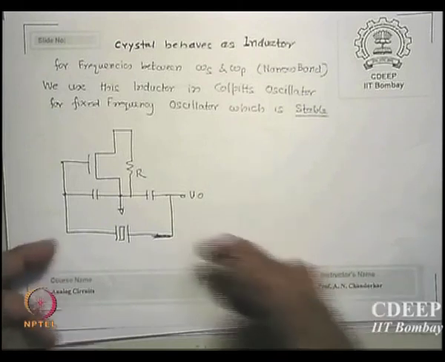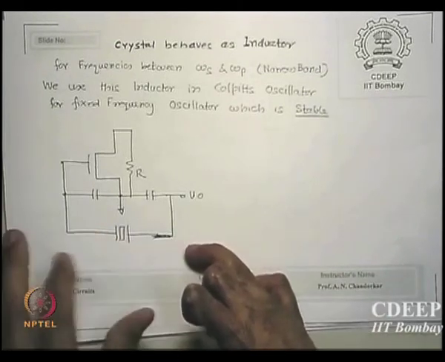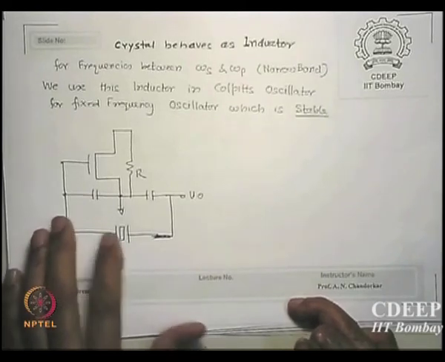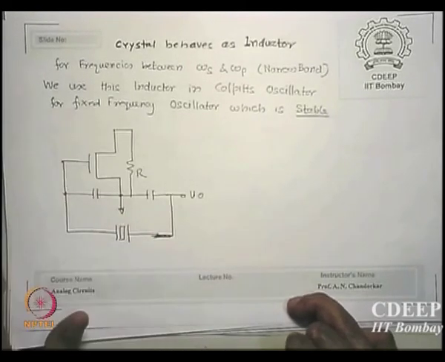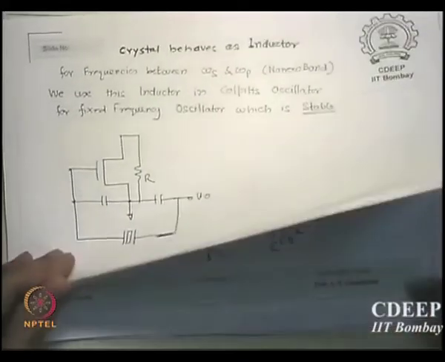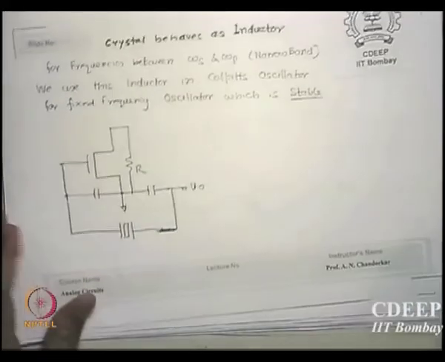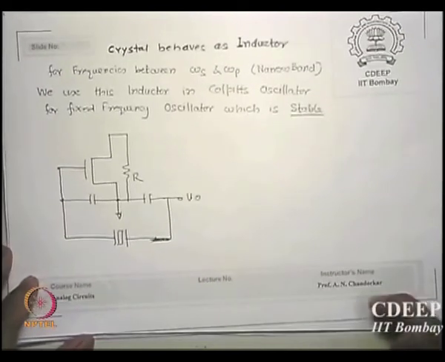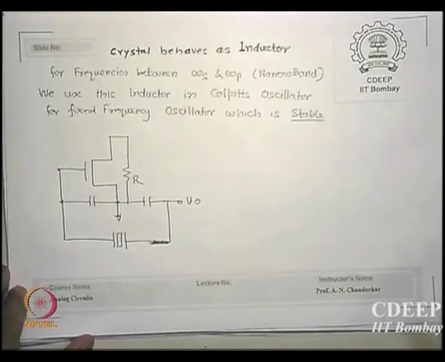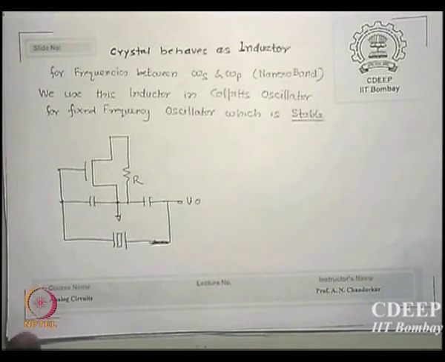The frequency at which we are operating should be such that it behaves like an inductor; at those frequencies this Colpitts oscillator will oscillate between omega S and omega P. If Cp is much larger than Cs, then omega S and omega P are very close to each other, which means at that frequency it will oscillate permanently. तो एक क्रिस्टल, अच्छा इसका एडवांटेज क्या है?